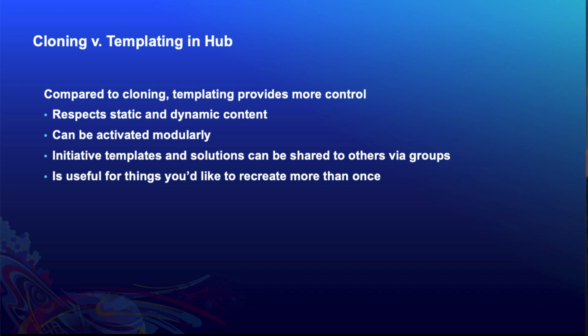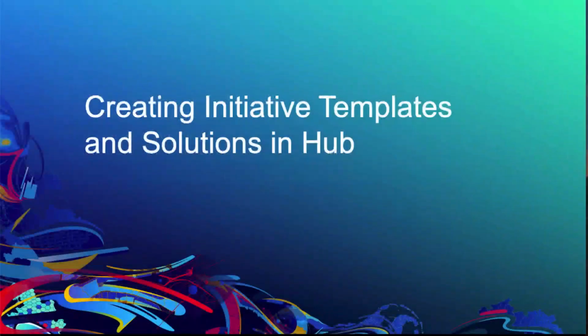And then finally, I would say that templates are definitely very useful for things that you'd like to create more than once. And so I think that will bring us to our demo.